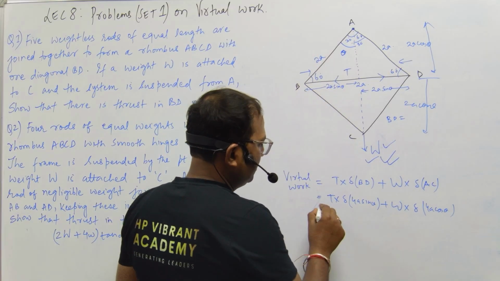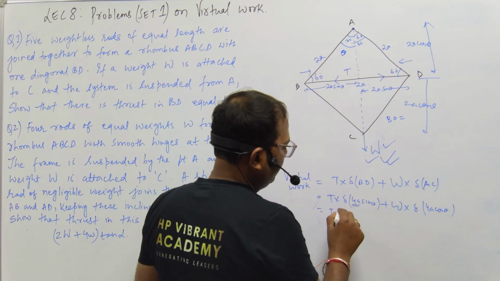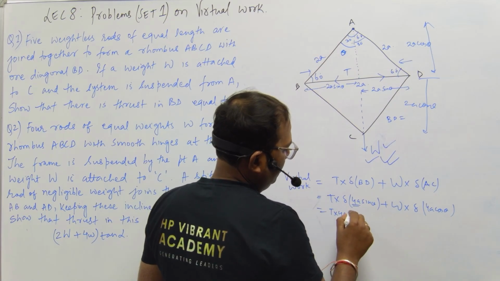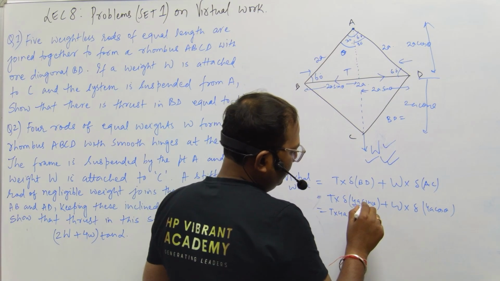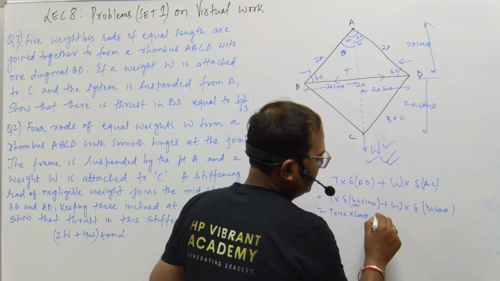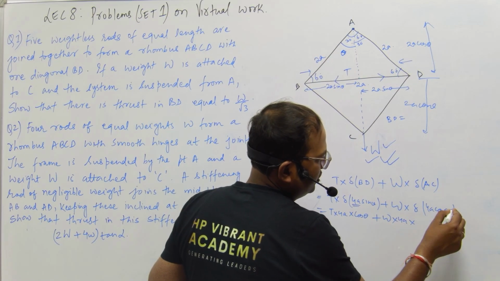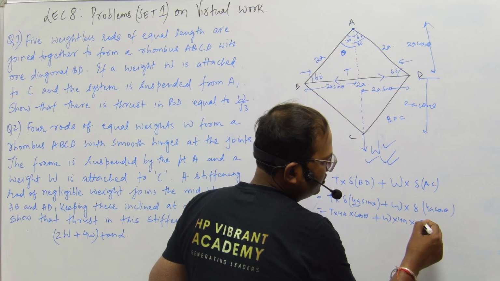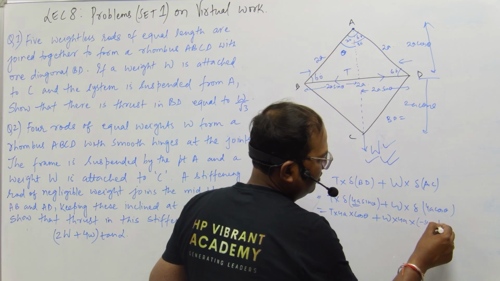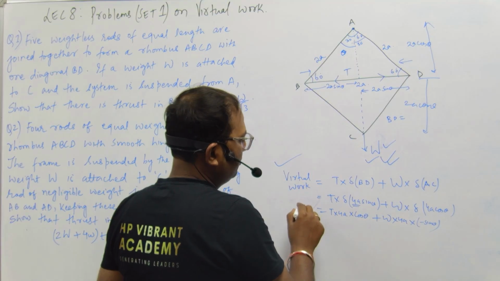Let us take 4a outside, so we have T times 4a into the differential change of sin theta, which is cos theta, plus capital W times 4a into the differential change in cos theta, which is minus sin theta. From the principle of virtual work, this is equal to 0.